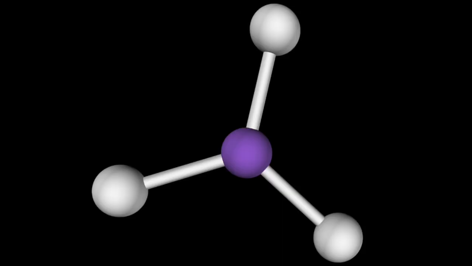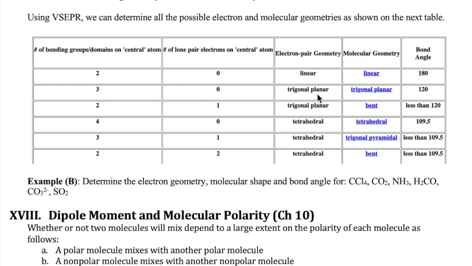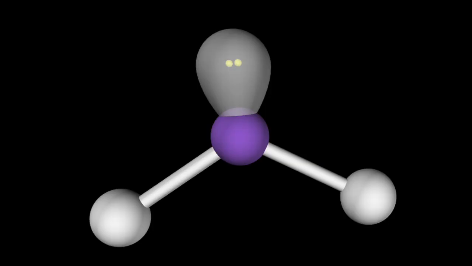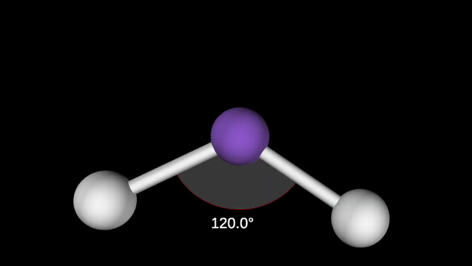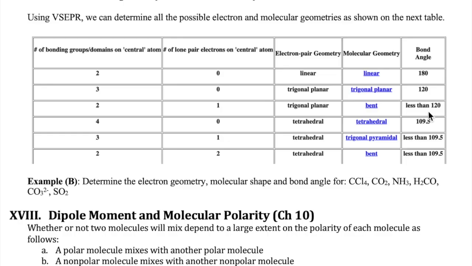With 3 pairs of electrons, I showed you the 3 bonding pairs, and that's going to be called trigonal planar for both of them with an angle of 120. It's also possible that only 2 of those are bonding and 1 of them is a lone pair, in which case it's still a trigonal planar electron pair geometry, but the molecular geometry is going to be called bent, and the angle is going to be slightly less than 120 degrees.